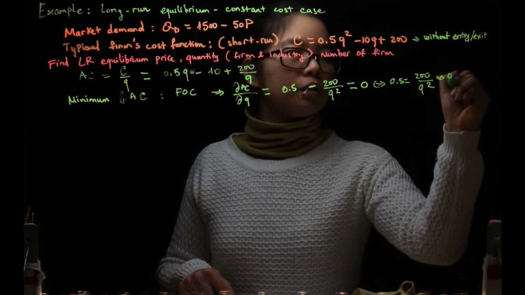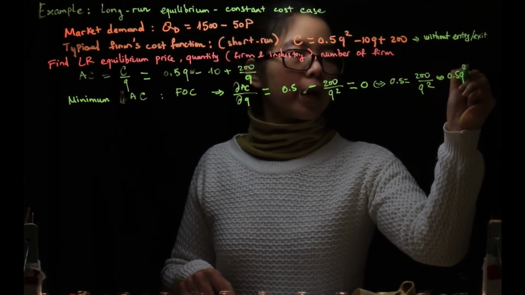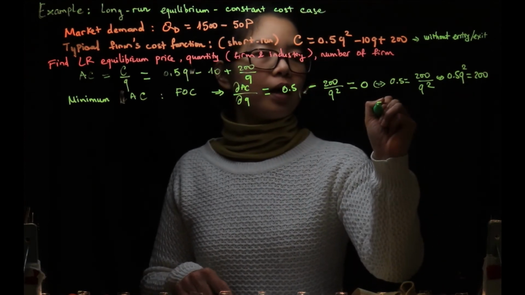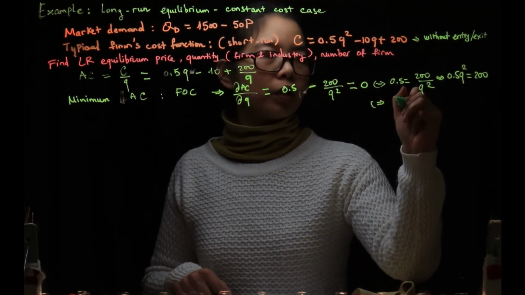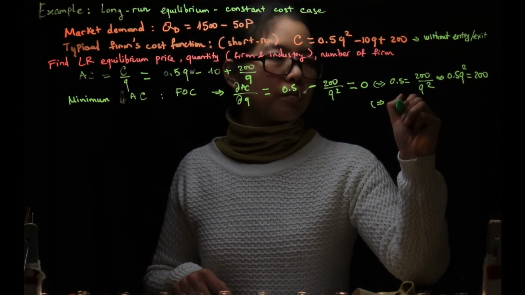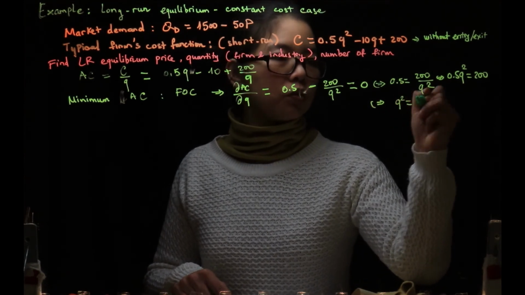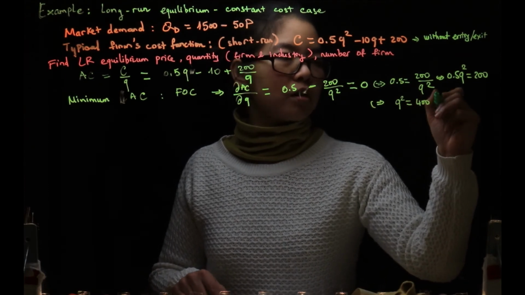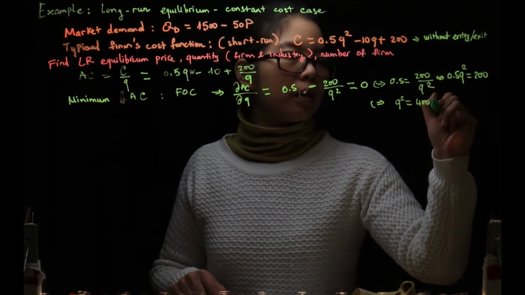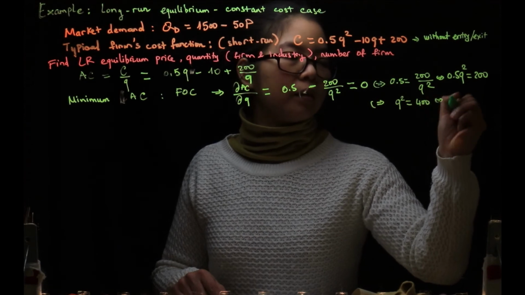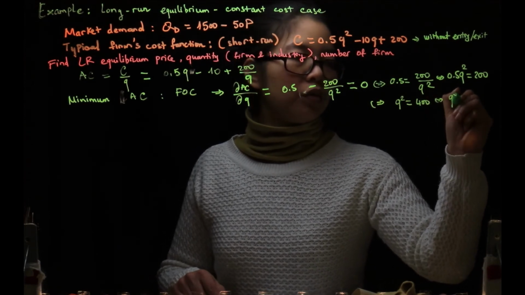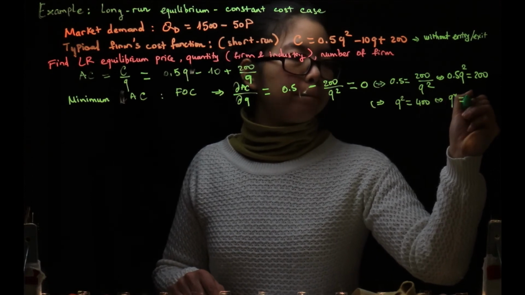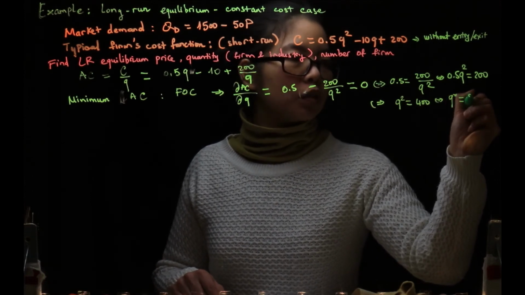meaning 0.5 Q squared equals 200. And then we could solve step by step. Q squared equals 400, dividing both sides by 0.5, and at the end we have Q equals how much? 20.